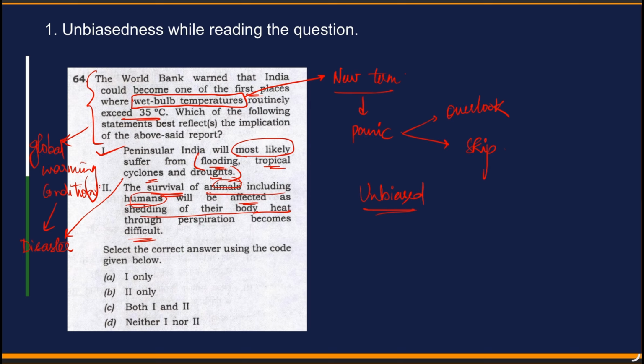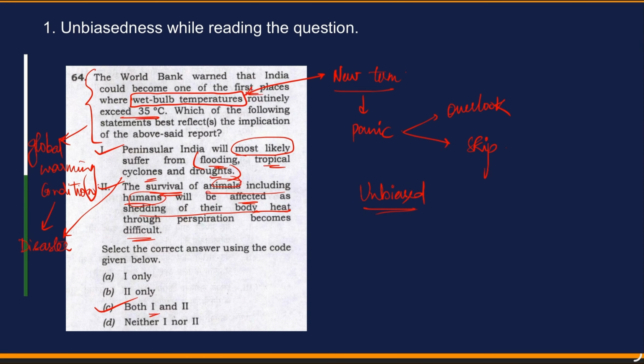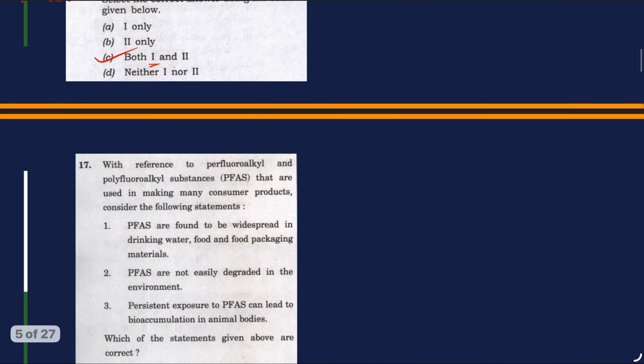So from this we can conclude that the answer is C, both 1 and 2. If a person becomes biased, there is a tendency that he'll overlook this question and miss it. Now let's see the next question under the same heading.